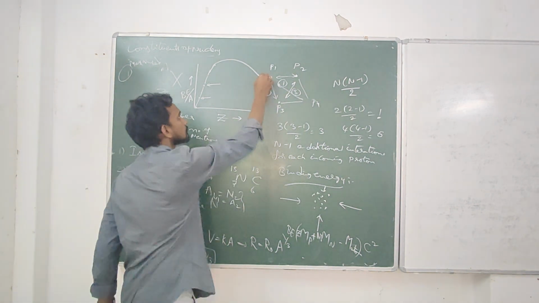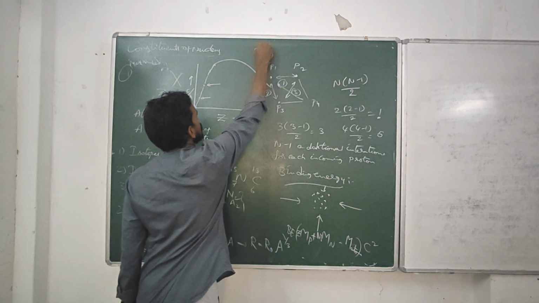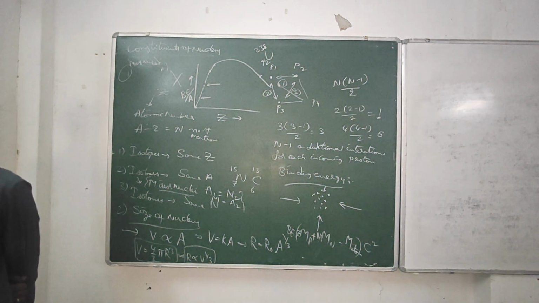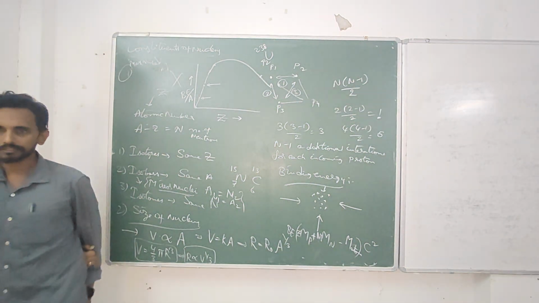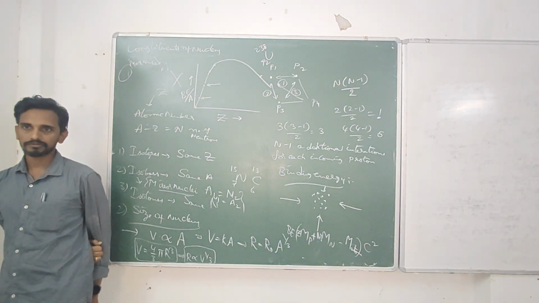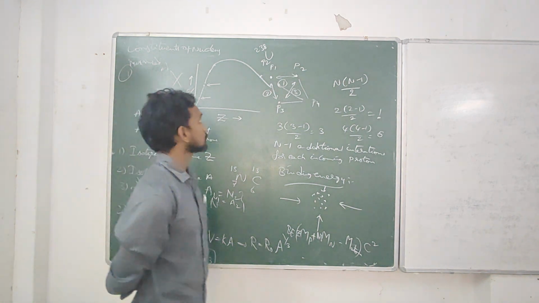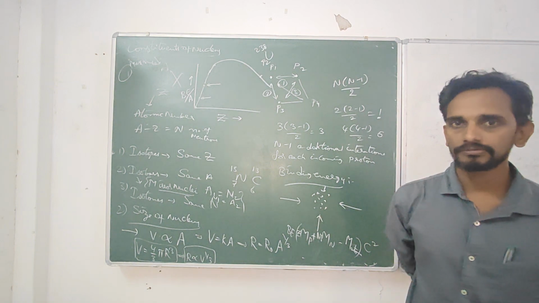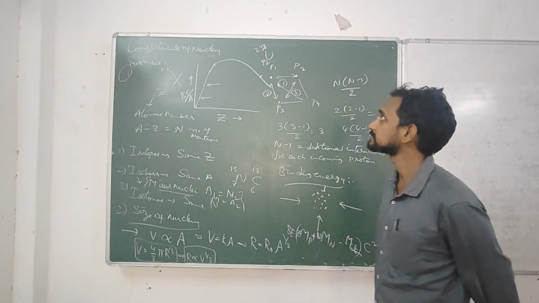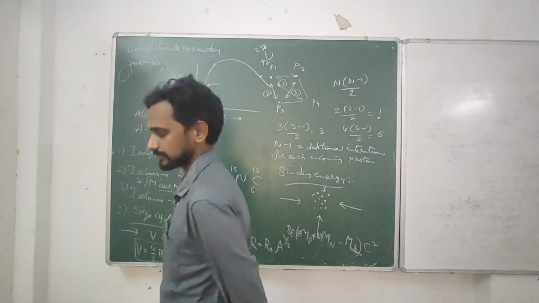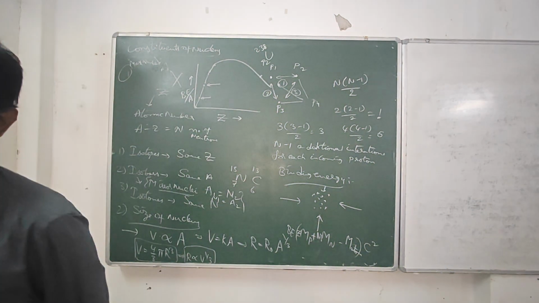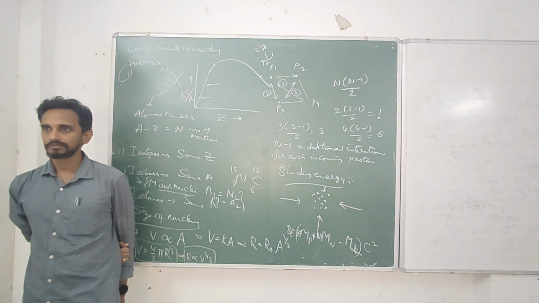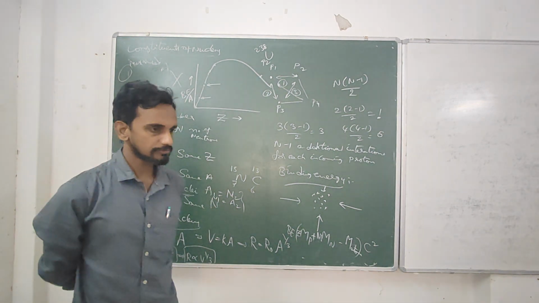Take uranium. How many neutrons are there? 238 minus 92, the difference, 146, which is nearly 50 more, 56 more.